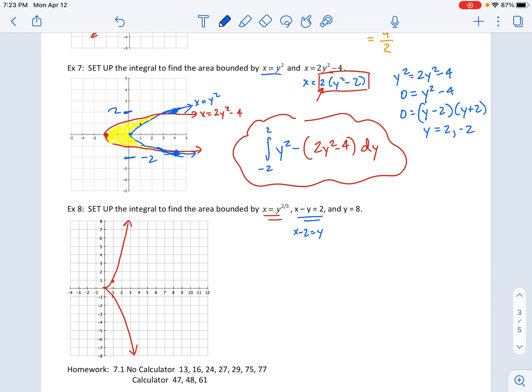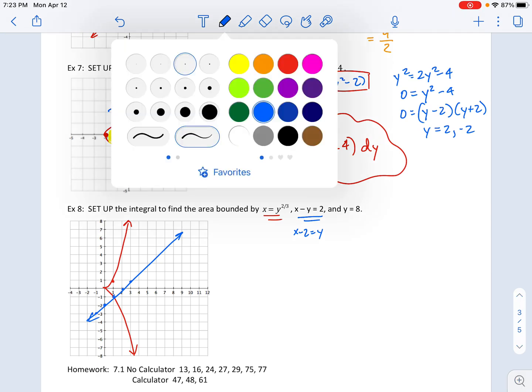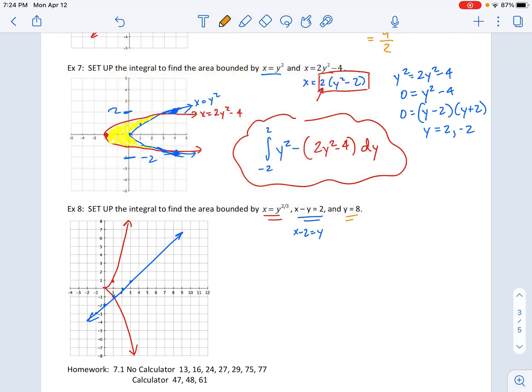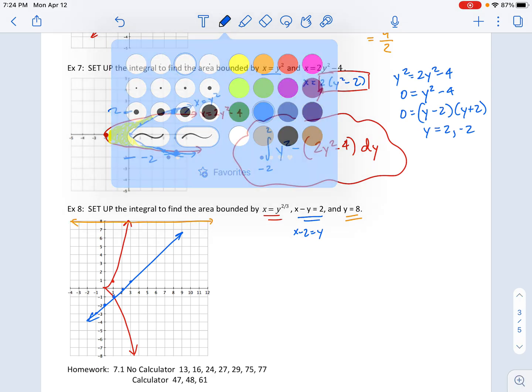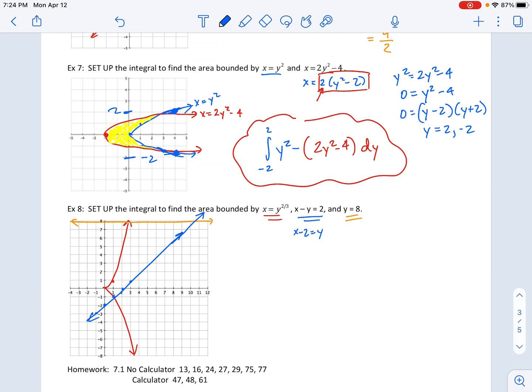So y equal to x minus 2, of course, looks like this, pretty much. And then y equals 8, hopefully you remember from the other day, that is a horizontal line. So I am actually, all right, got to draw this a little bit farther to get up there. I'm finding all of this space in here, okay, with one integral.